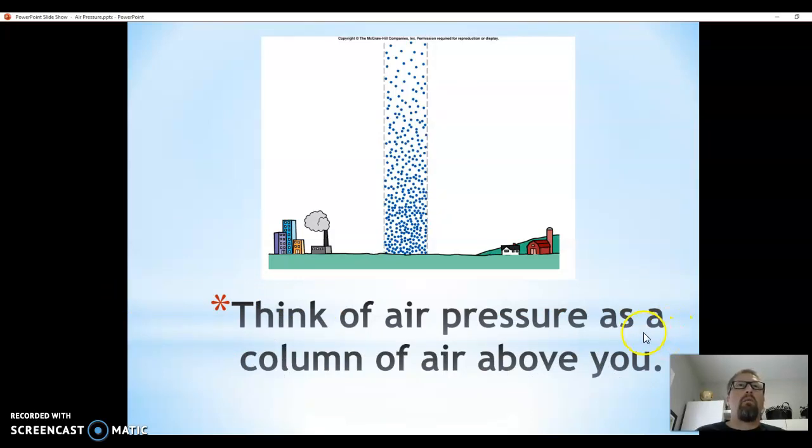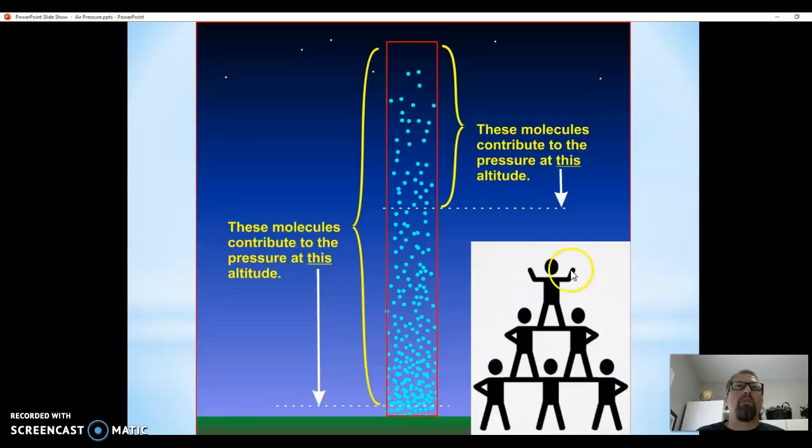When we think of air pressure, we want to think of the column of air that is above you. We've established that air has mass, and so each of these little particles has mass. And as we move up the air column, there is less air, and so there is less mass. I like to think about that in terms of this pyramid that we have down here.